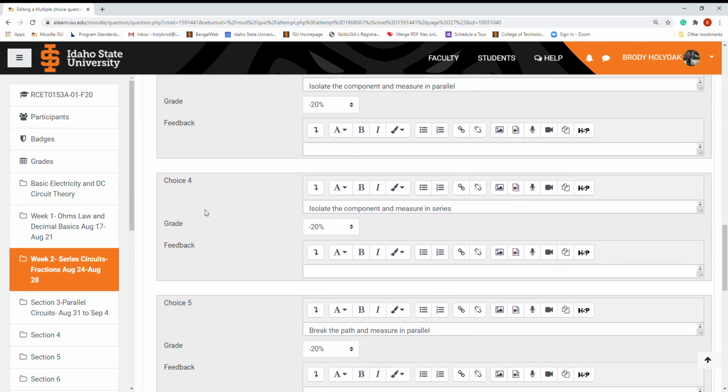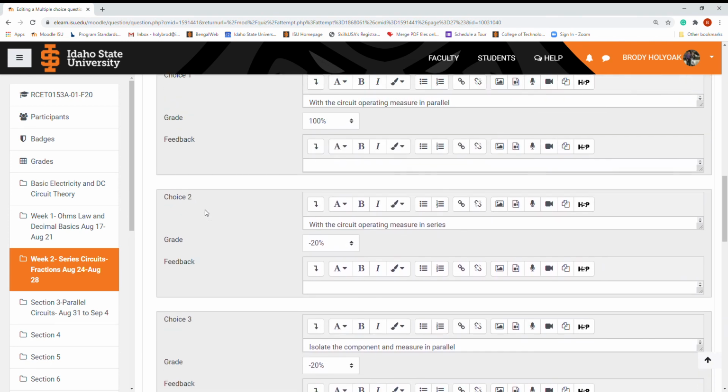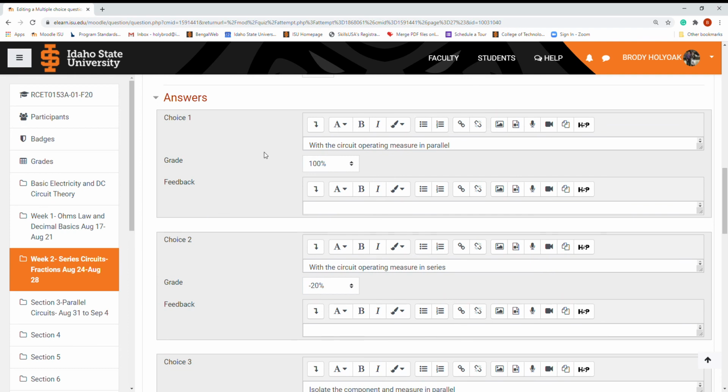The correct answer: with the circuit operating, measure in parallel. That's the only way you can measure voltages. For one, it has to be operating. So right there we have with the circuit operating, measure in parallel.